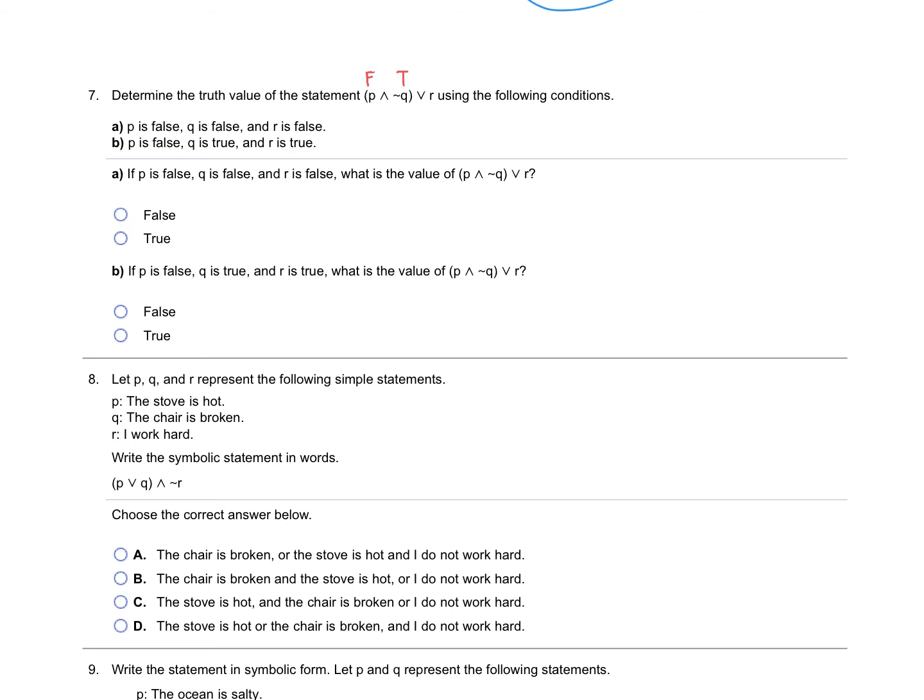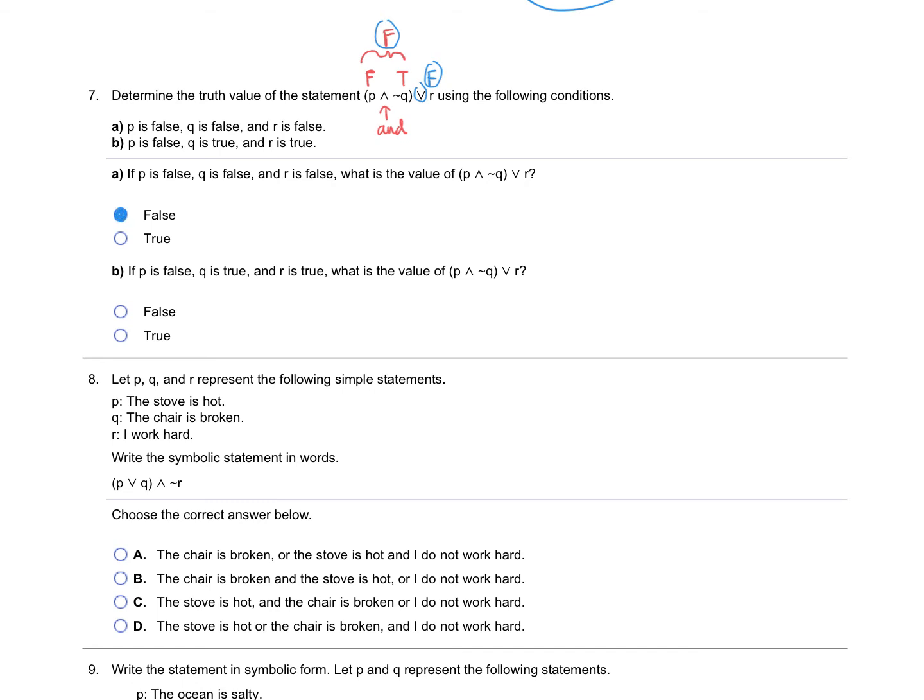Okay, before I move forward, I want to look at this. This is P and not Q. In order for this to be true, they both have to be true, because remember, this is an and. So overall, this is false. Okay, now I'm going to look at the R. It says R is false. So I have false, false, or false. Well, they're both false. So overall, this is going to be false.